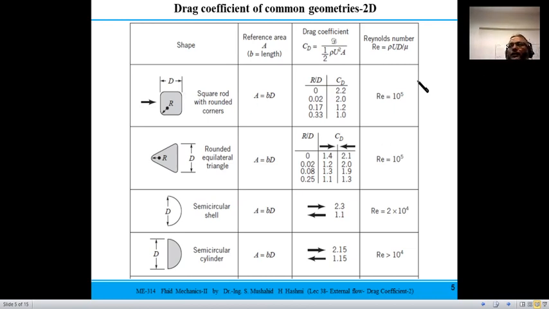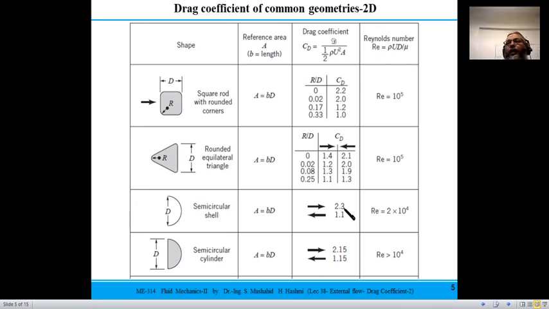In the definition of Reynolds number, with rho, u, and characteristic length, for all these geometries this dimension D is the characteristic length. So you need to be careful about how to calculate Reynolds number, because the drag coefficient is a function of Reynolds number.